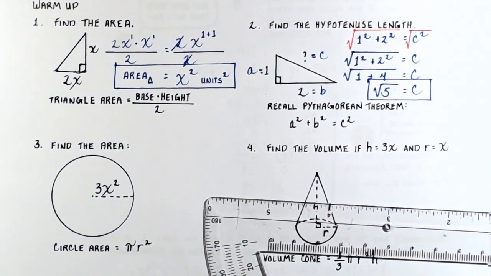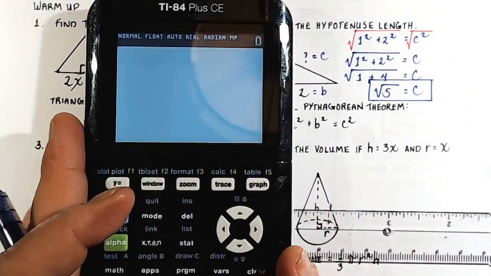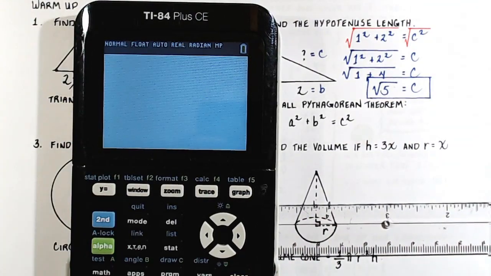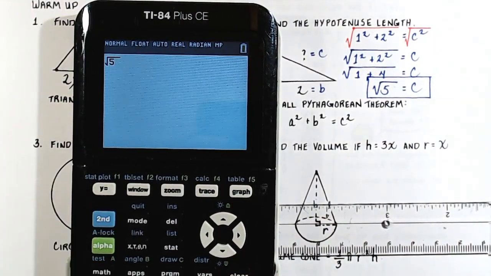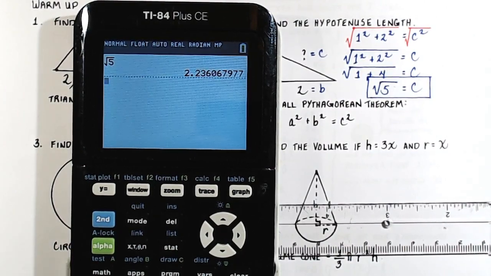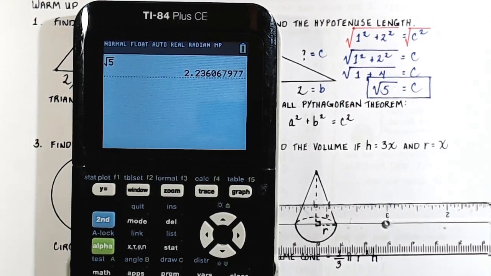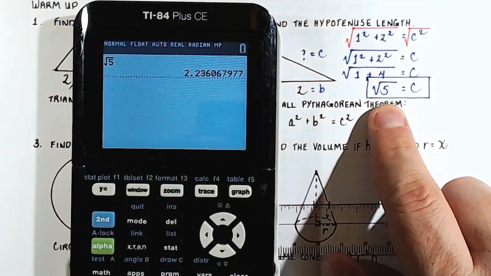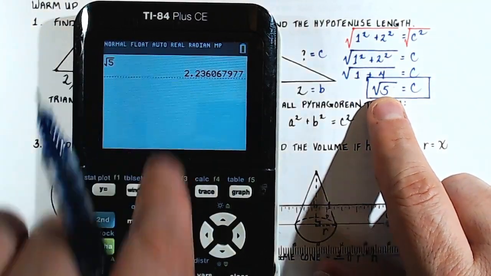If you wanted to evaluate the square root of 5 to some decimal places, you could use a calculator. The square root of 5 is 2.236067977. We're going to leave it as square root 5 because this is called an exact figure and the decimal is an approximate figure.